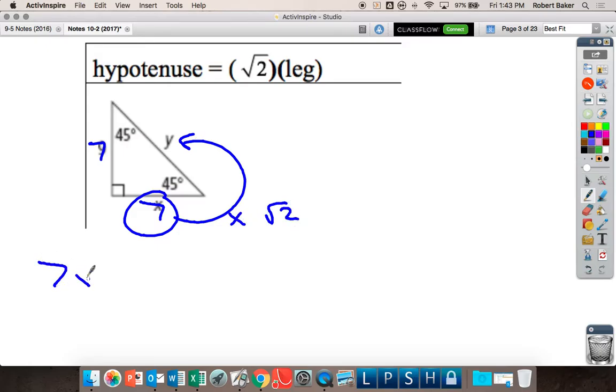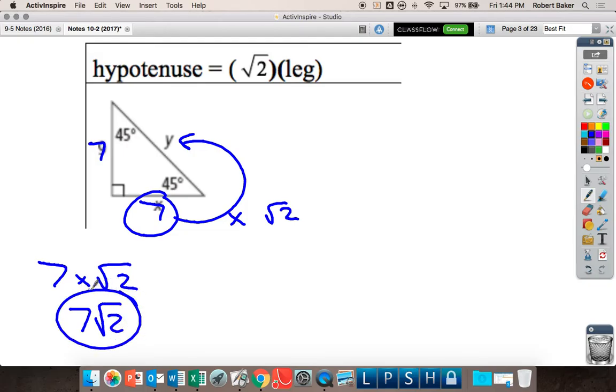What is 7 times the square root of 2? Perfect. It is 7 square roots of 2.